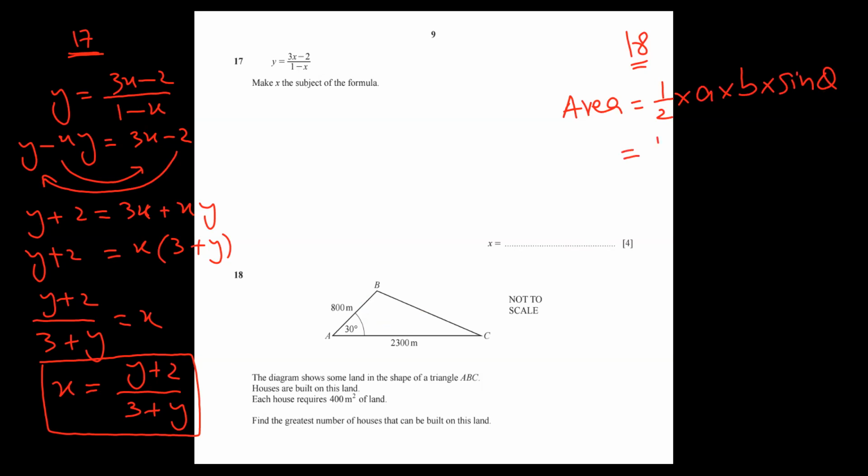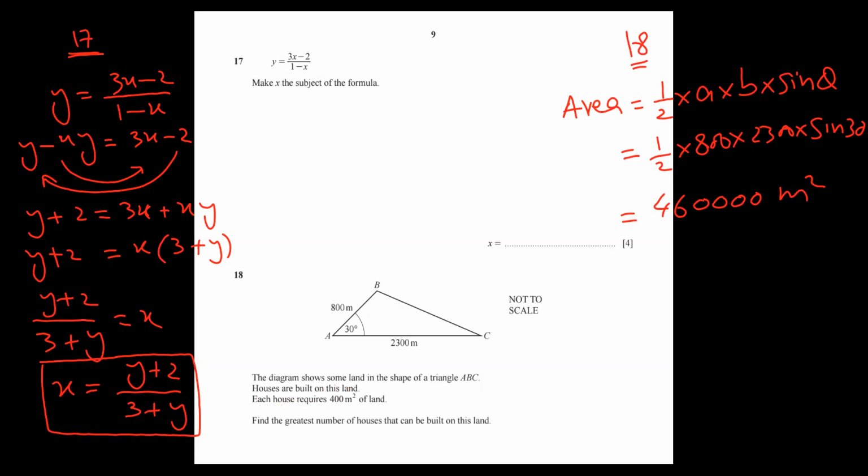So I'm going to do it and finish it. Half into 800 into 2300 into sine of 30. This gives us the area, and this comes to 4640 square meters. But each house takes this much land.